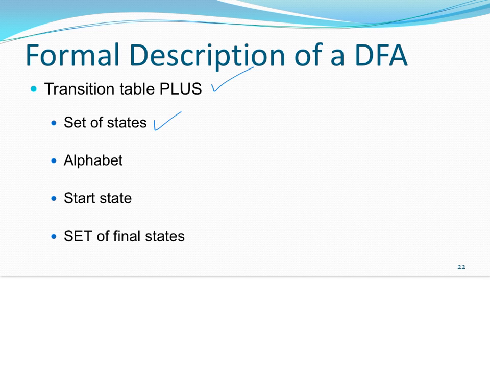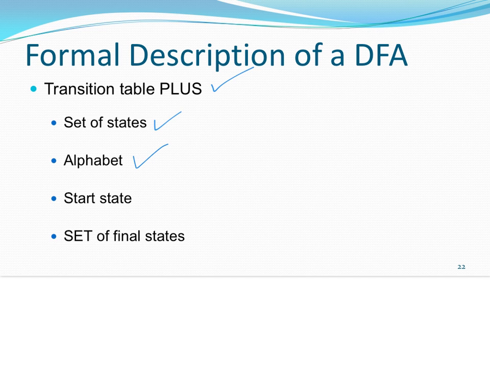Now, you could figure that out from the transition table, because if you look down the left column, you can see the names of all the states. But I'm going to tell you it again anyway. I'm also going to tell you what alphabet this DFA is over. Again, I could tell that if I looked at the transition table, but it's easier if I just tell you, here's what my alphabet is.